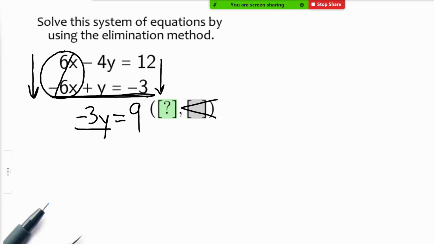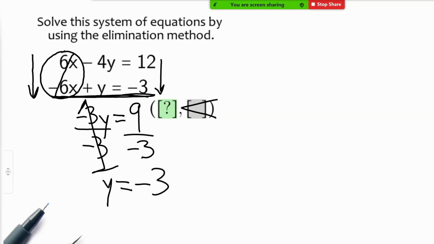Oh, I need to get rid of that negative 3 times y. To get rid of negative 3 times, I do division. Now, on the left, that's a big giant 1. Negative 3 divided by negative 3 is 1. y equals negative 3.